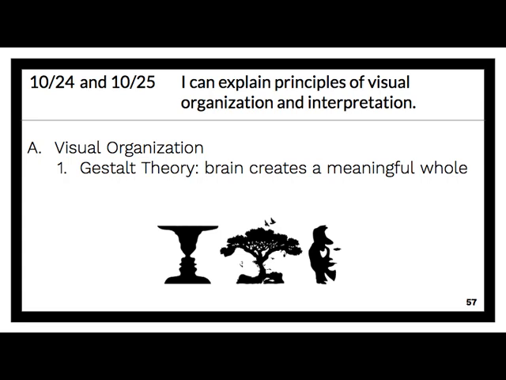So I've mentioned this before, and I know some of you have said things that are very similar to this, that our brain likes to fill in gaps. Okay, so Gestalt theory is that our brain likes things as a meaningful whole. So when we read, do we really read each individual letter? No. Okay, we read the whole word. And think about that.